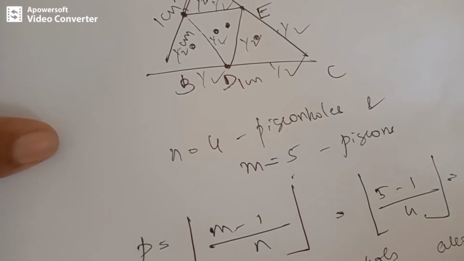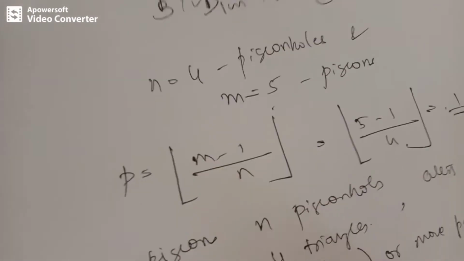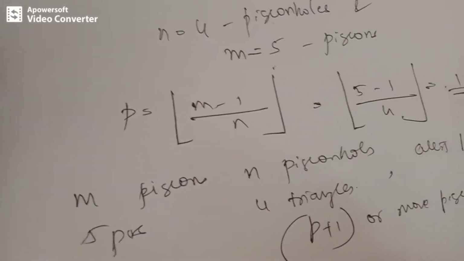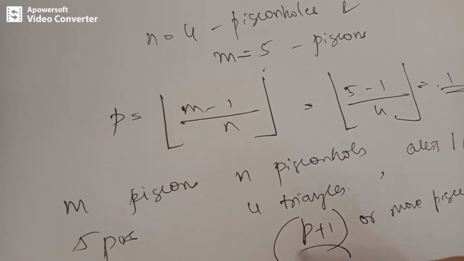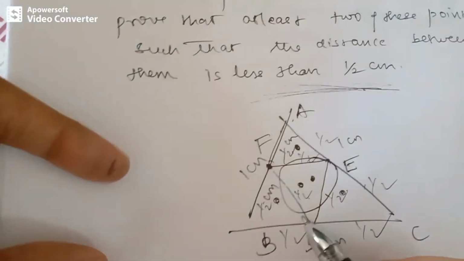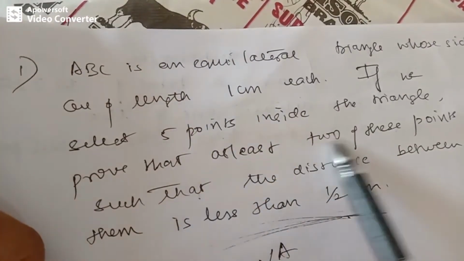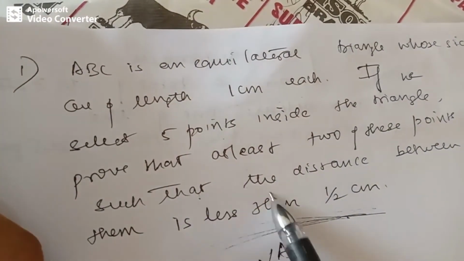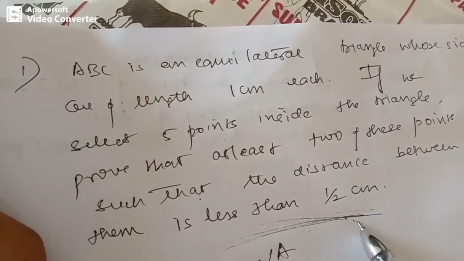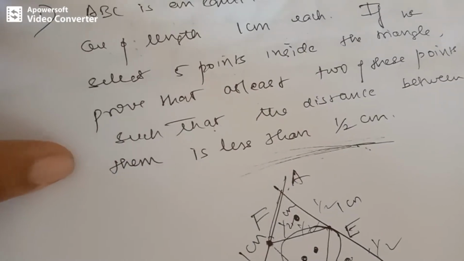What is the value of p here? We obtained 1. So at least one triangle will have 2 or more points. The question says the same, so we have proved that at least 2 of these points have a distance between them of less than half a centimeter.